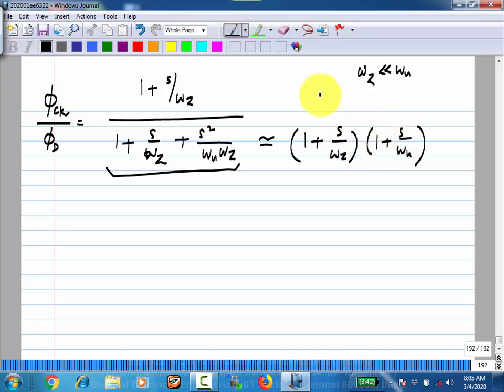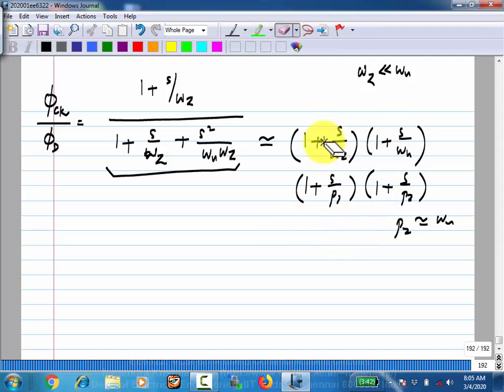But it turns out that you will have some pole P1 and some other pole P2. P2 will be approximately equal to omega u, and P1 will be more than omega z. If you calculate it, that's what it comes out to be. P1 will be at a higher frequency than omega z.